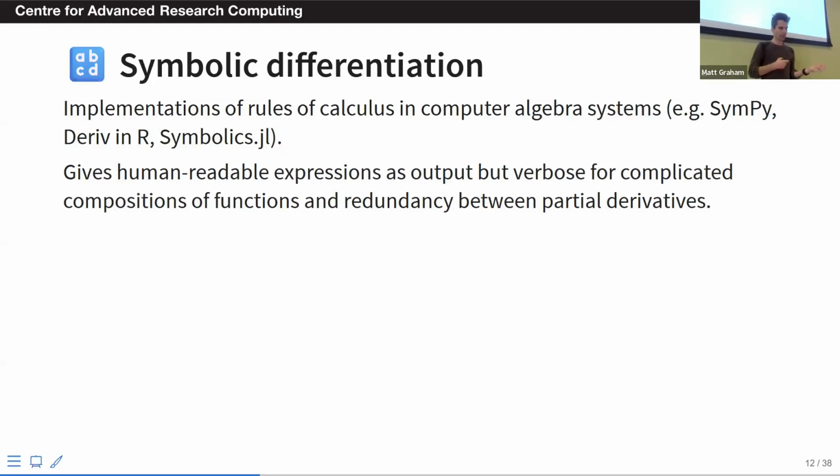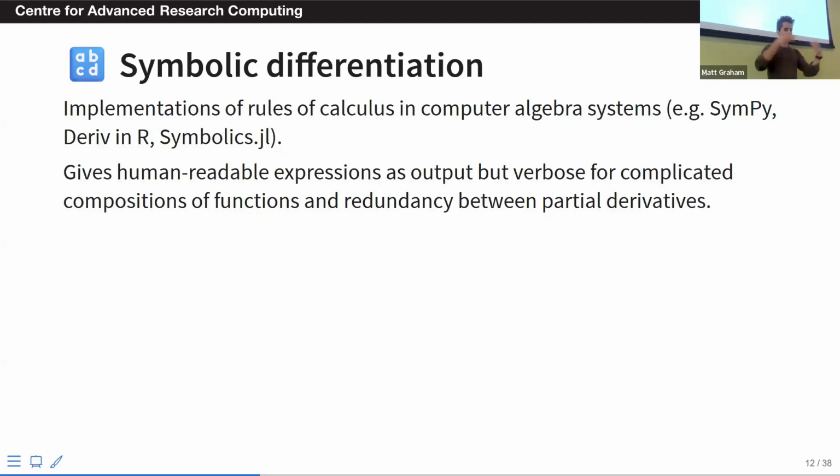So we get these human readable expressions as output. But the flip side of this is that because we're expanding the output of our function in terms of all of the input variables as one long, complicated expression, the partial derivative of the output with respect to an input is also entirely expressed in terms of the input variables itself.